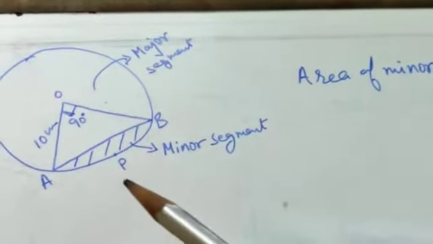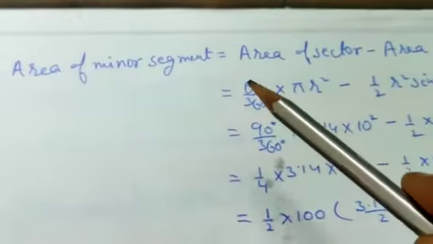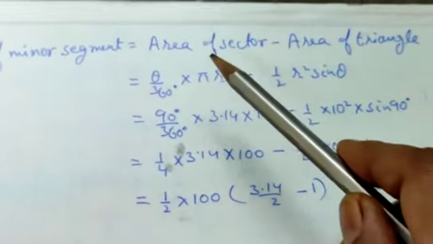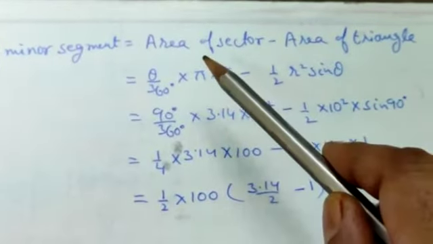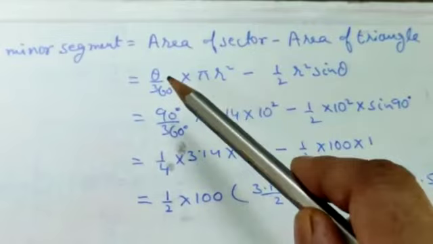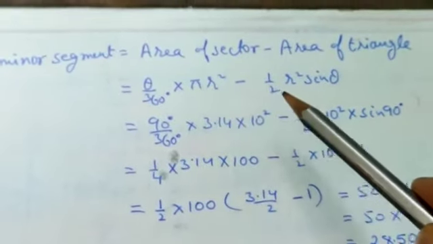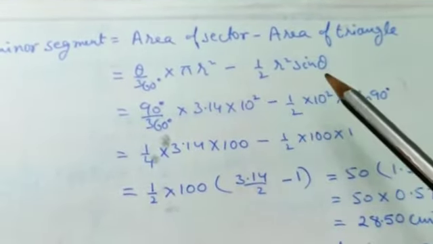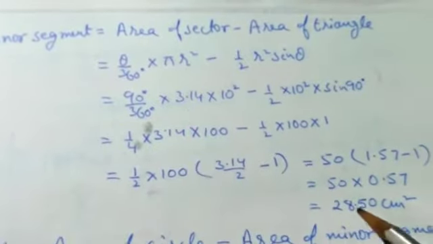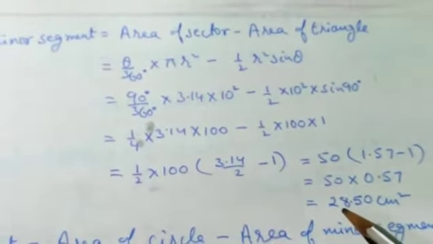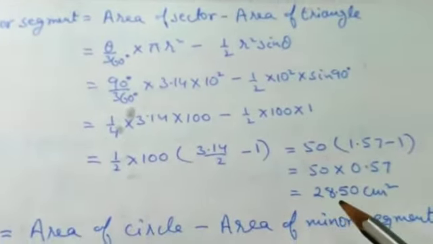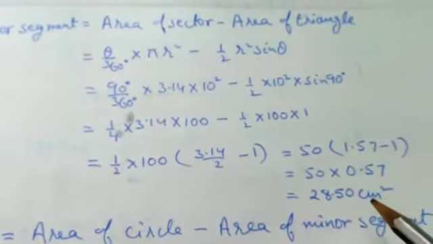So for finding the area of minor segment, we'll be subtracting area of triangle from the area of sector. So it becomes theta by 360 into pi r square minus 1/2 r square sine theta, and after simplification we get area of minor segment as 28.5 centimeters square.